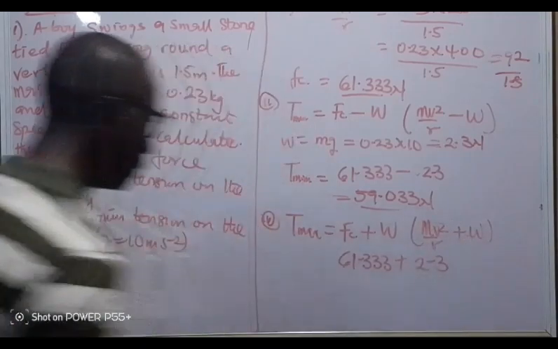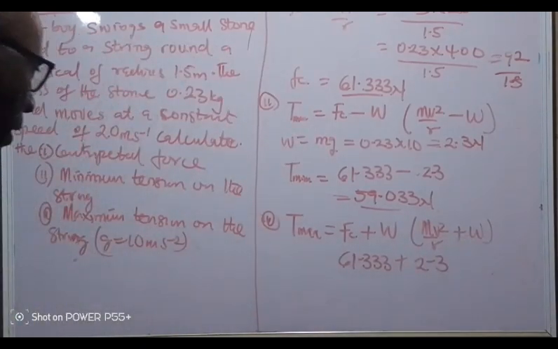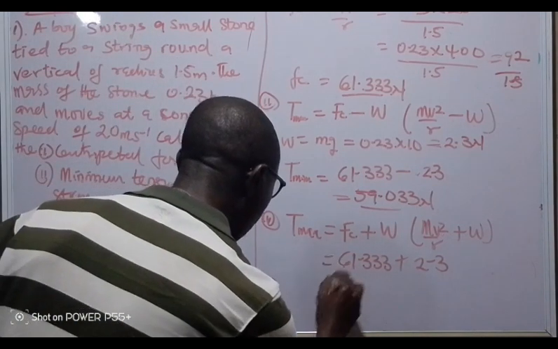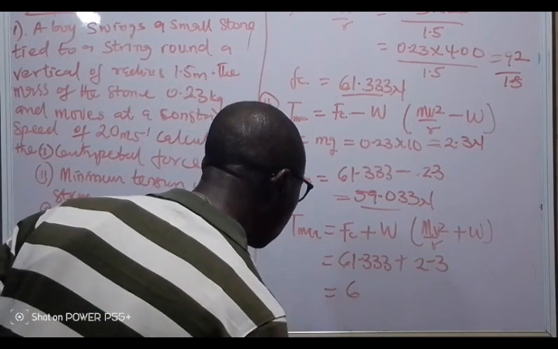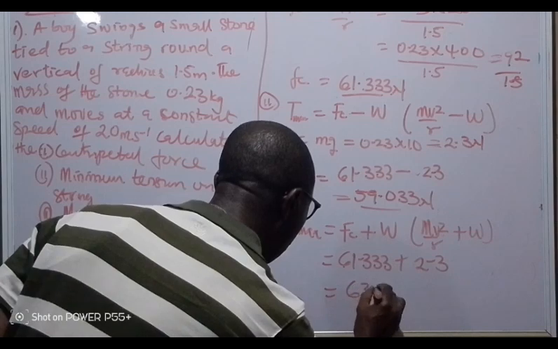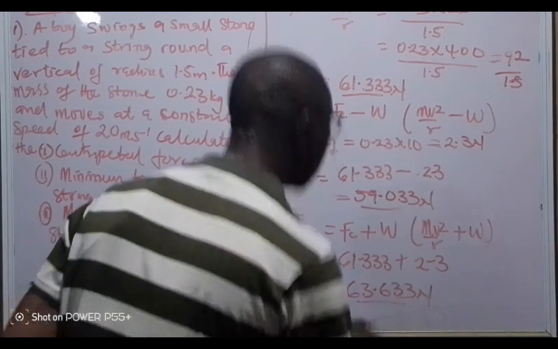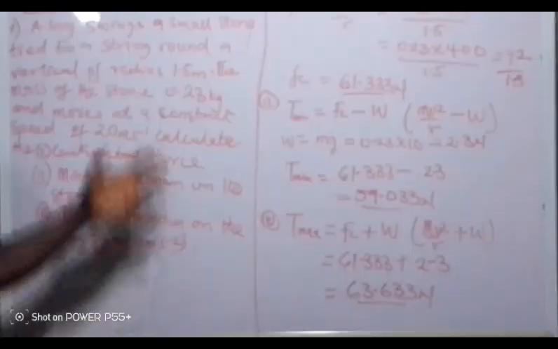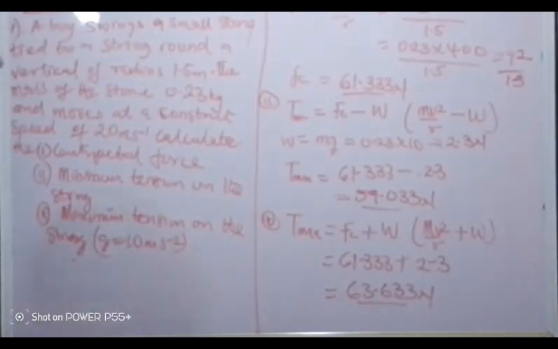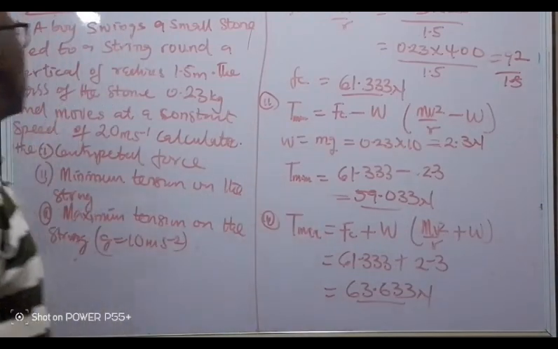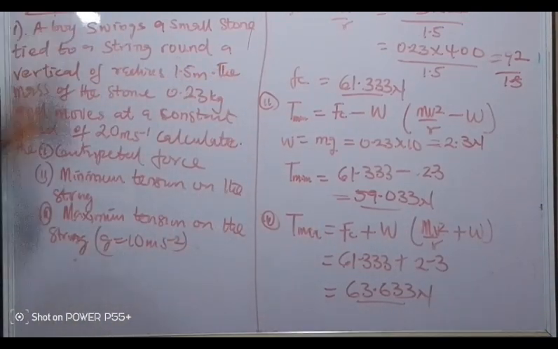And this one will now give us 63.633 Newton. With this example, you'll be able to understand the calculation aspect under this motion in a vertical circle.